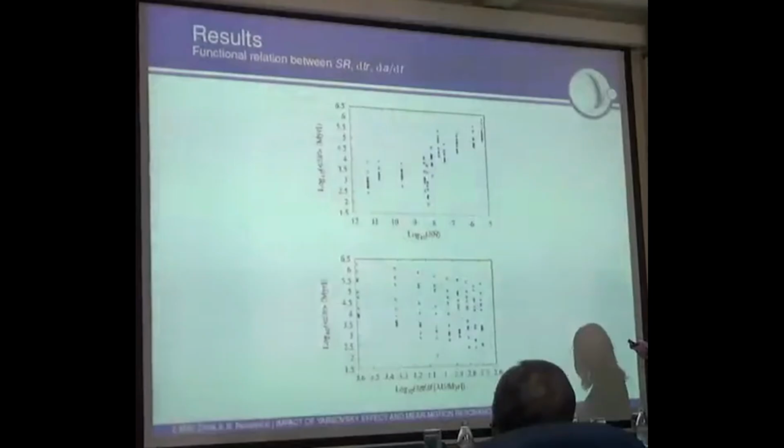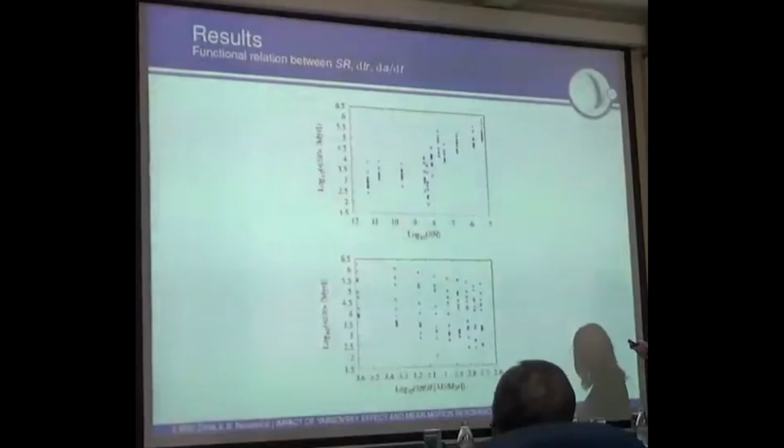Also, I have to say that this value is for the weakest resonance and this is, of course, for the strongest resonance. And we have here increasing strength, increasing time that the object spends in resonance, with increasing semi-major axis.